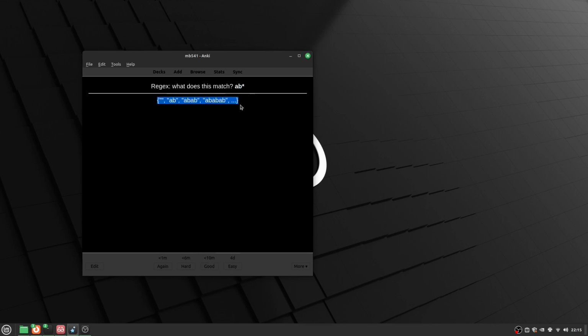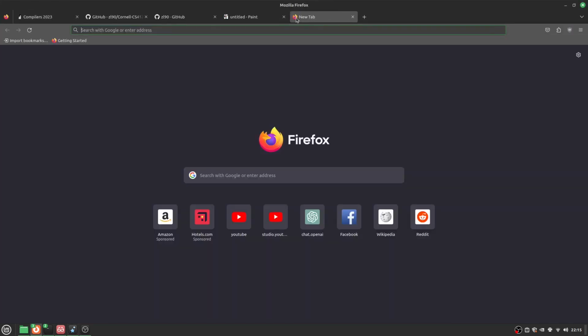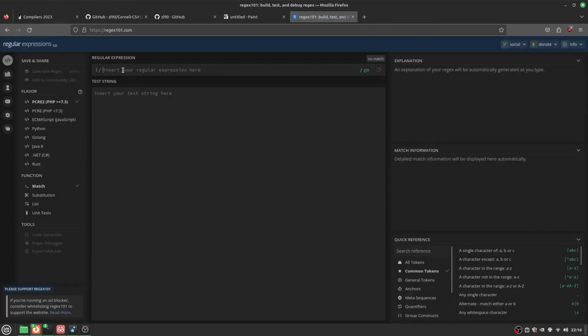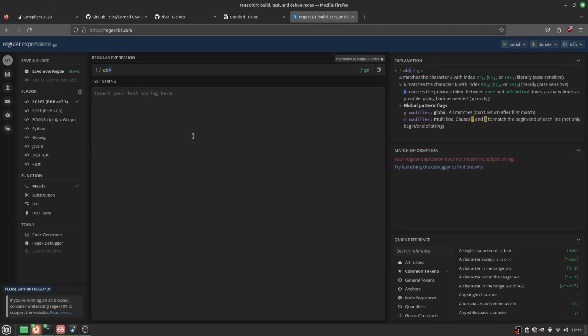Pretty sure I must have written this down wrong. That's got to be right? Like A concatenated with B. I'm just gonna check that. Maybe I'm completely misremembering. So that should not match the empty string. I don't know how you represent the empty string.